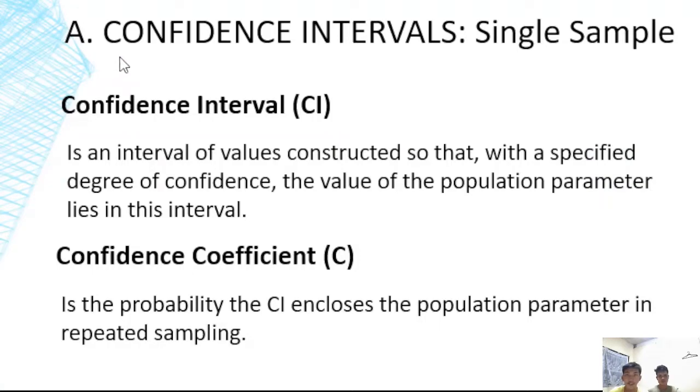Confidence interval, single sample. A confidence interval, denoted by CI, is an interval of values constructed so that, with a specified degree of confidence, the value of the population parameter lies in this interval. In other words, a confidence interval is the mean plus and minus the variation in that estimate.